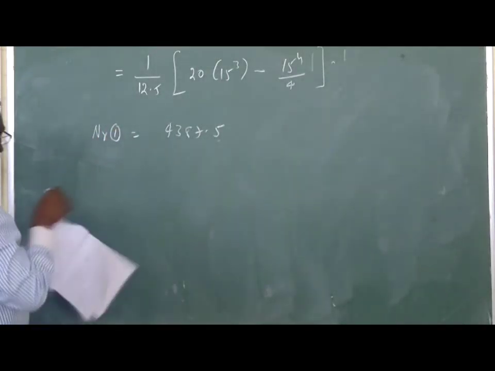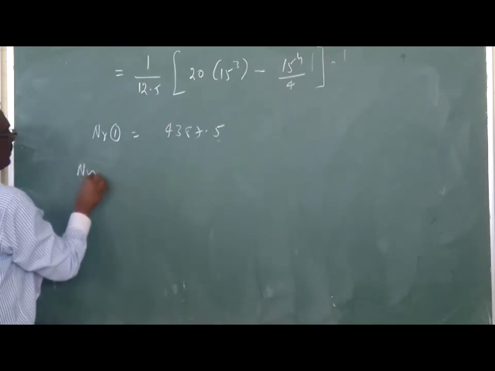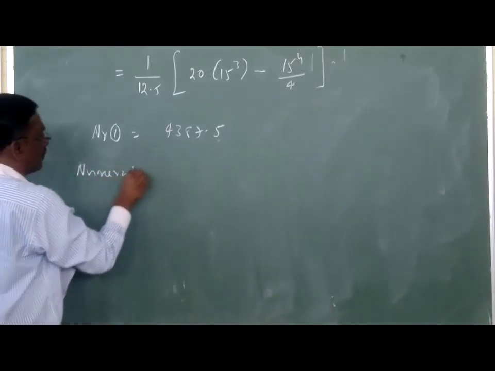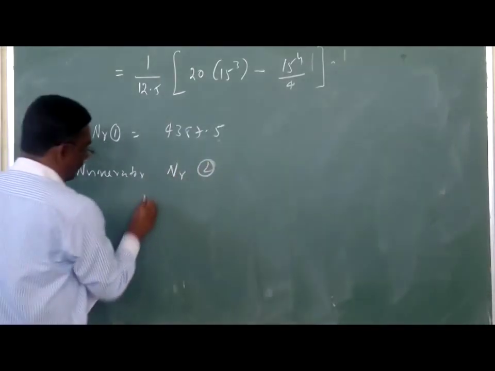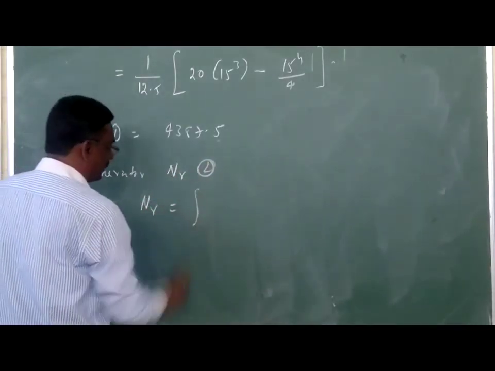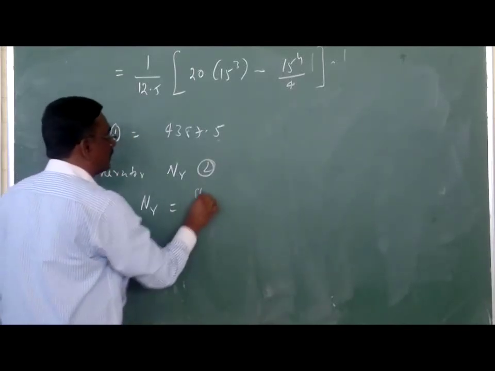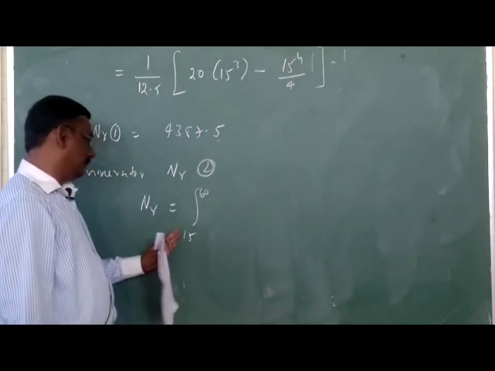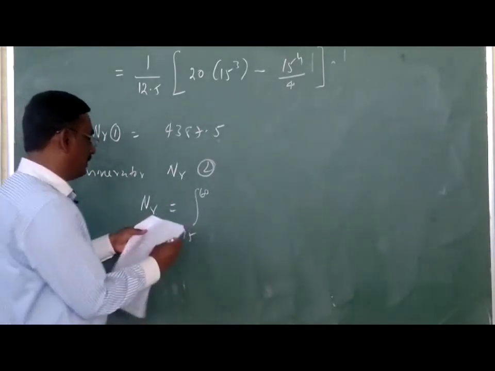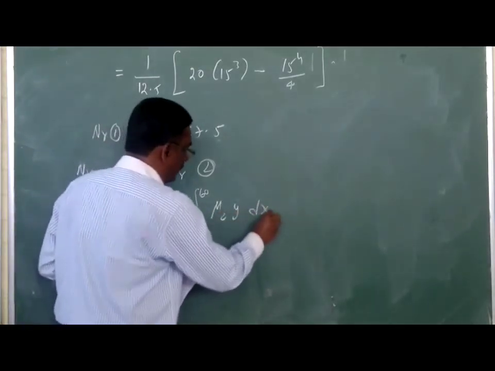Now let us continue to determine the value of numerator 2. The equation for numerator 2 is to be integrated between the limits 15 to 60, because after the load point it is up to the end of the span, and it is mu2 y dx.